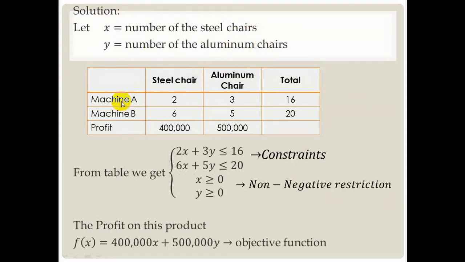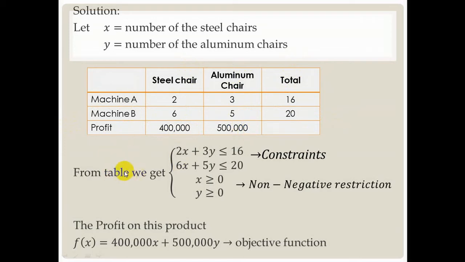For machine A, they told us a steel chair takes 2 hours and an aluminum chair takes 3 hours. For machine B, a steel chair takes 6 hours and an aluminum chair takes 5 hours. The total running time of machine A is 16 hours, and for machine B it is 20 hours. The profit of a steel chair is 400,000 rupiah and an aluminum chair is 500,000 rupiah.